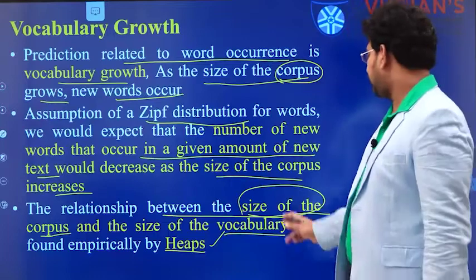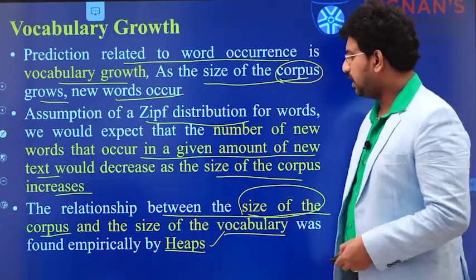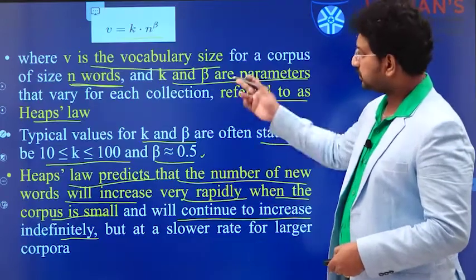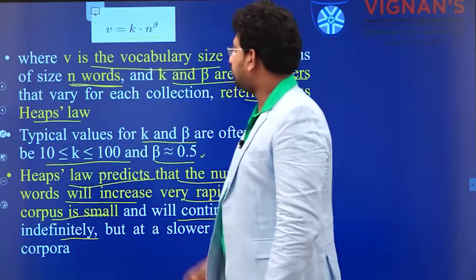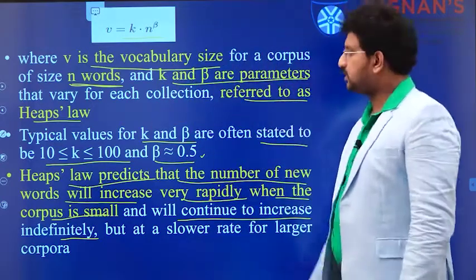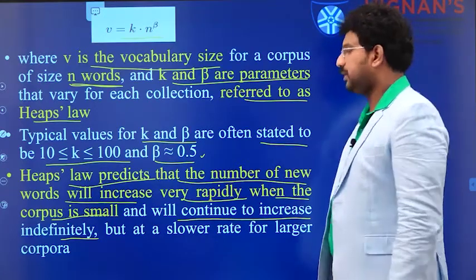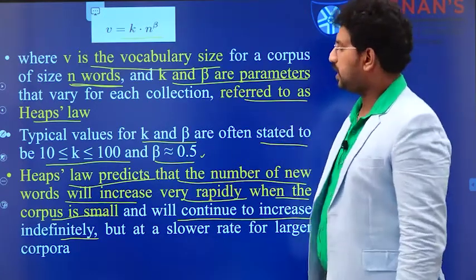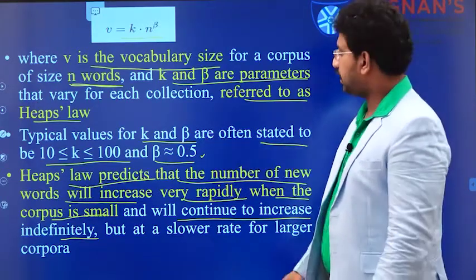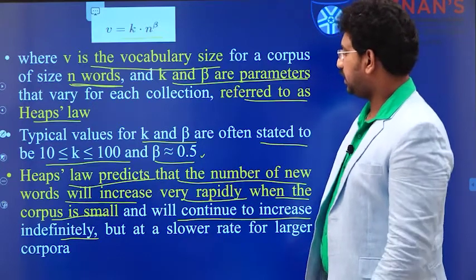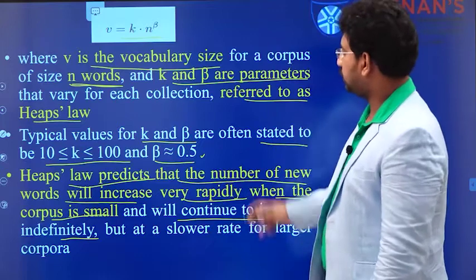The relationship between the size of the corpus and the size of the vocabulary was given by Heaps, and the equation is v equals k n to the power beta, where v is the vocabulary size of a corpus of size n words, and k and beta are parameters. This is simply referred to as Heaps law, and the value of k lies between 10 and 100, and beta is approximately equal to 0.5.